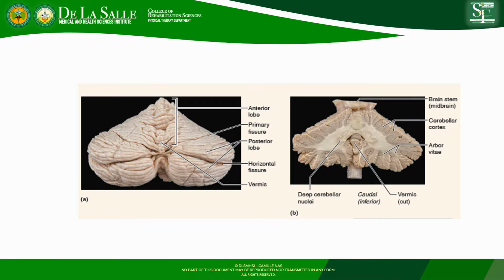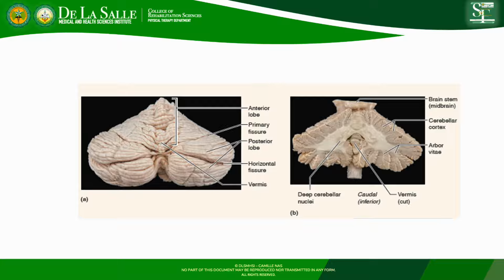Before we proceed, here's a picture of a cerebellum. You can see here the arbor vitae, which resembles a tree branch. The white part there is called the arbor vitae. We have the deep cerebellar nuclei, which are embedded within the white matter, and the cerebellar cortex, which is made up of gray matter. Then we have the different lobes and fissures.